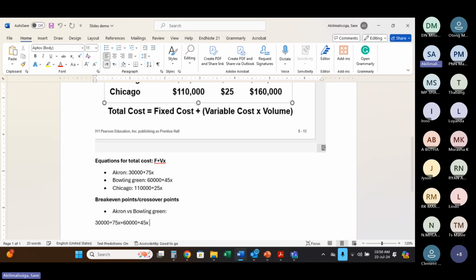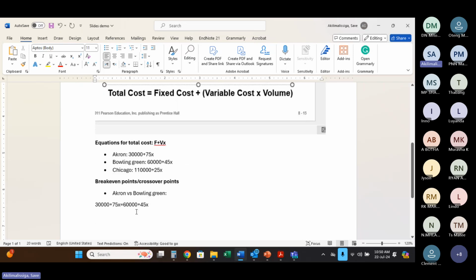We just need to solve for x. Let's do this one slowly so that the next one will be just putting in the values. If you are solving the equation, you're going to have 75x. The 45x will come to this side, so minus 45x, and it's equal to 60,000.